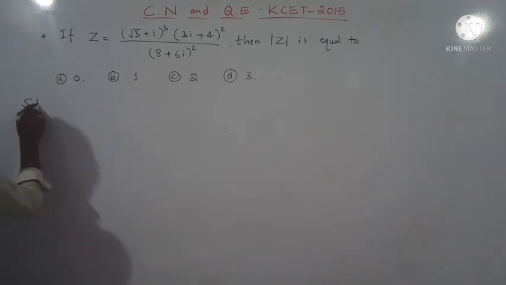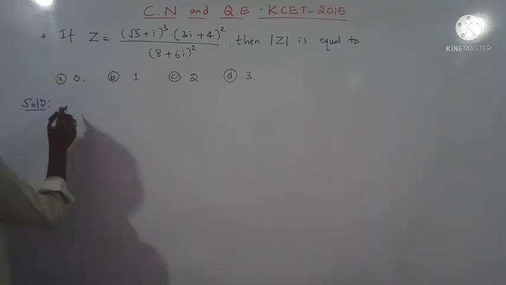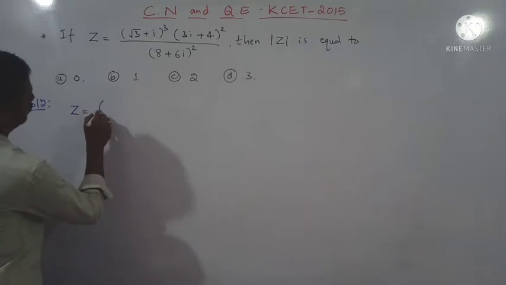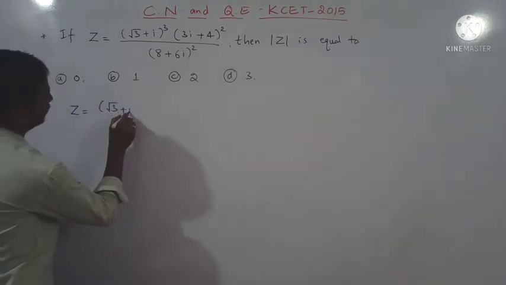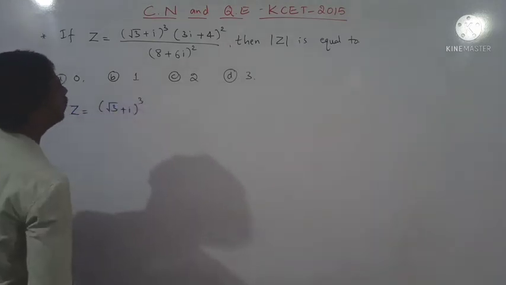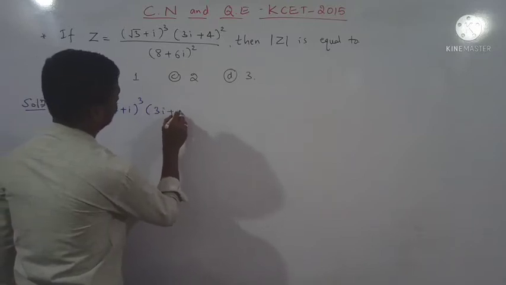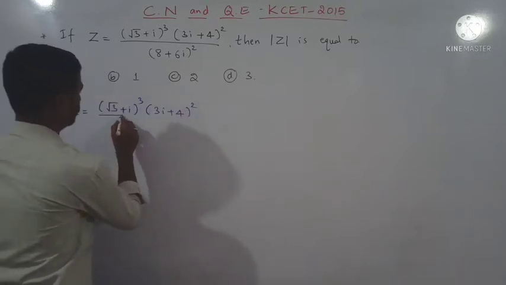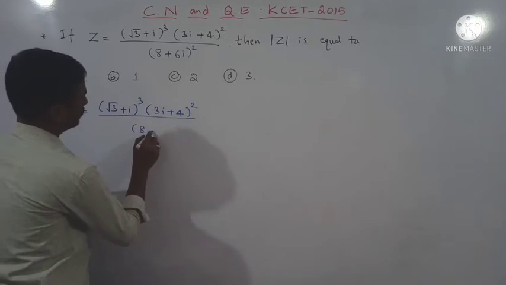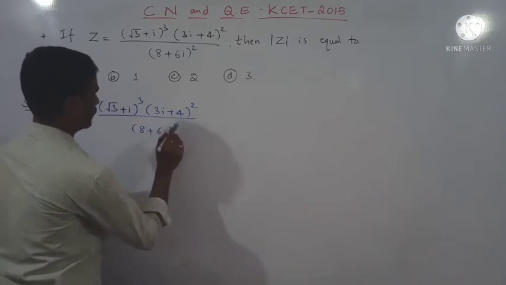Solution. z equals (root 3 plus i) whole cube (3i plus 4) whole square, whole divided by (8 plus 6i) whole square.